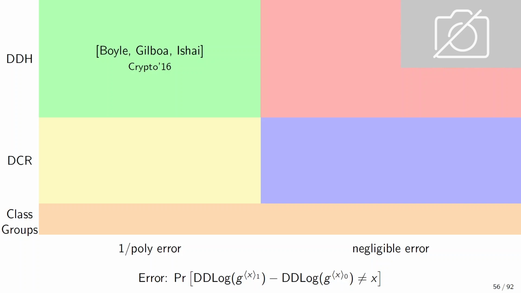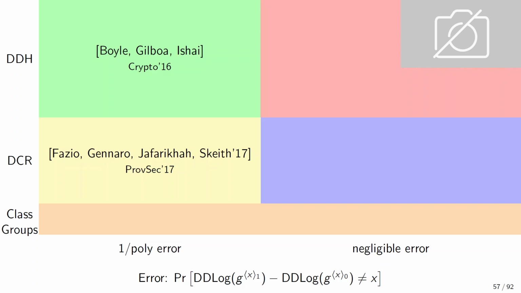But assuming you can then run some kind of interactive error correction procedure, you're usually good. Then there was Joye et al., who made some interesting observations about BGI's construction, and particularly they noted that it could be extended to work in DCR groups.